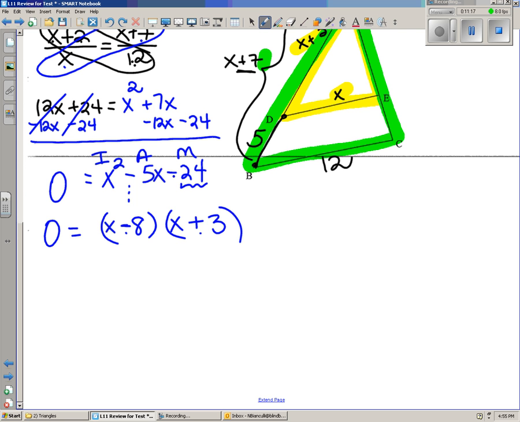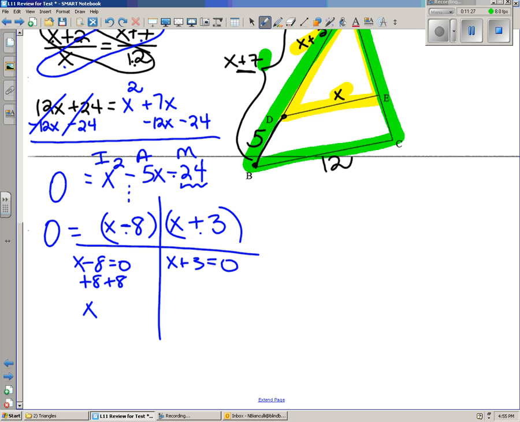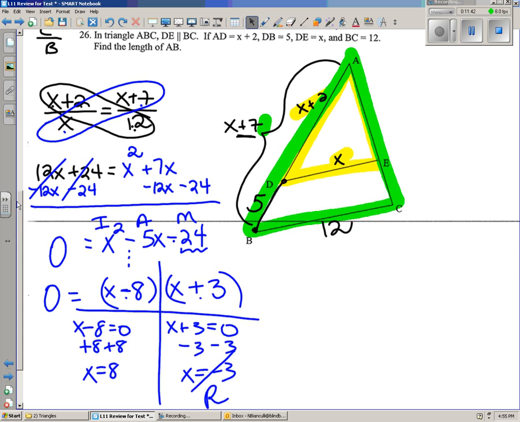All right? So now each factor can be set equal to 0. Add 8 to both sides, and x is 8. Subtract 3 from both sides, and x is negative 3. We're rejecting the negative x value because we're in geometry. You can't have a negative length. So x is 8. And we have to go back to the question and make sure we understand what it's asking.